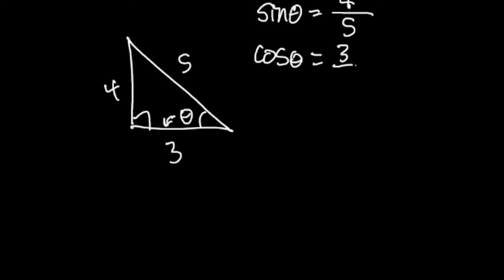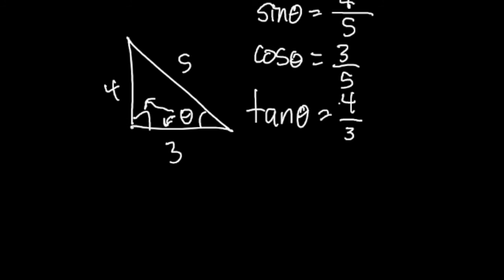So 3 over 5. The denominator is the same because they're both the hypotenuse. Okay, finally, tan theta. Let's see, what was this again? TOA. So opposite over adjacent. So the opposite over here, 4, over the adjacent, 3. So 4 over 3.